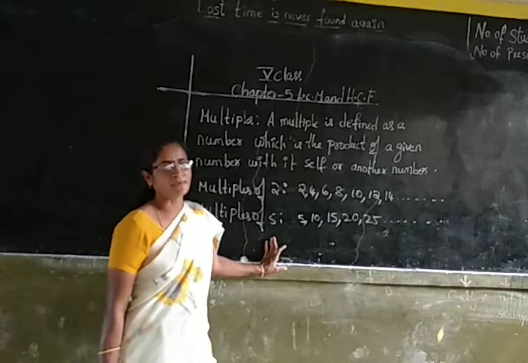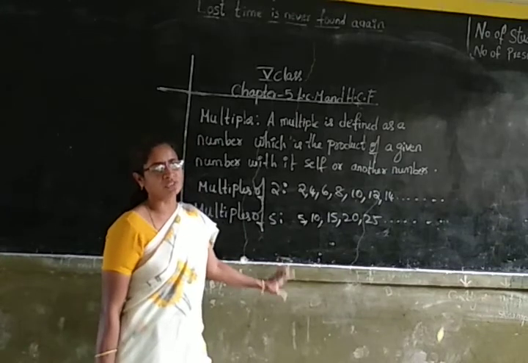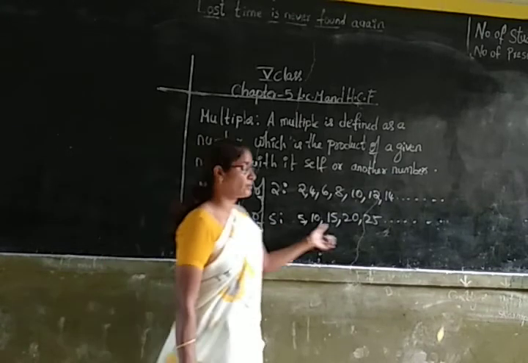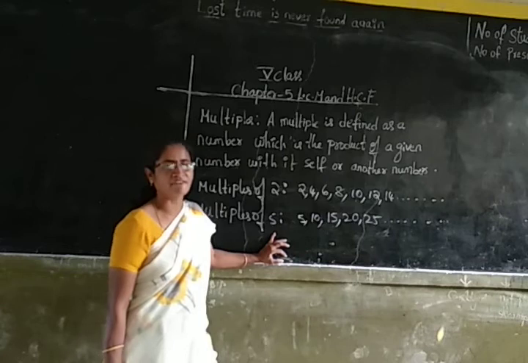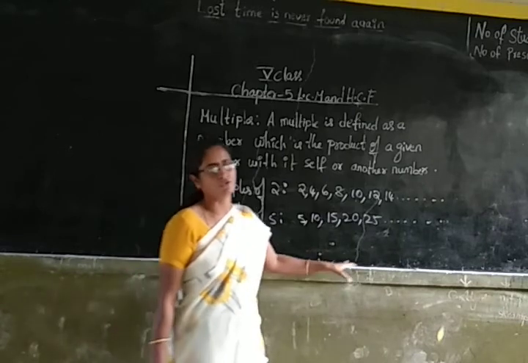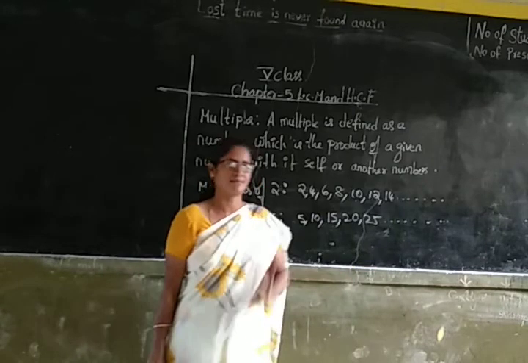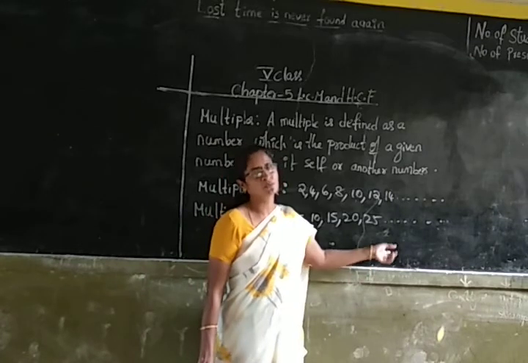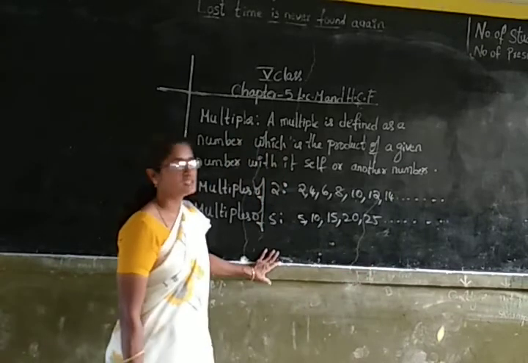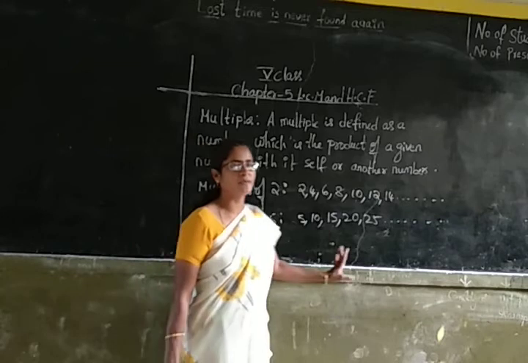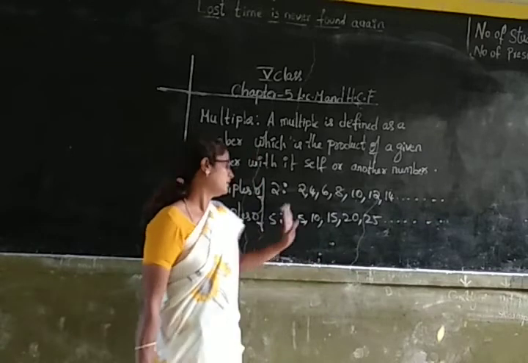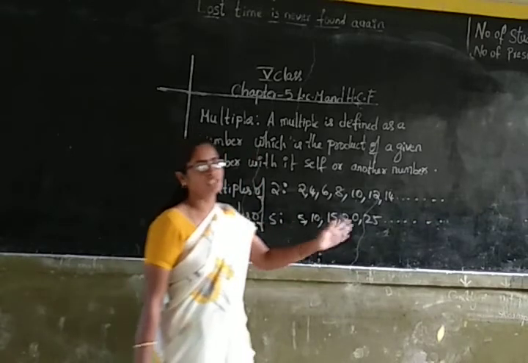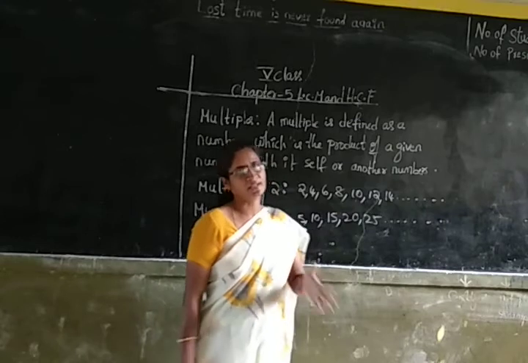These are the products got by multiplying 5 with 1, 2, 3, 4, 5, 6, 7, 8, etc. So multiples are endless. You can write how many multiples you want by multiplying the given number with 1, 2, 3, 4, 5, 6, 7, 8, 9, 10, etc.